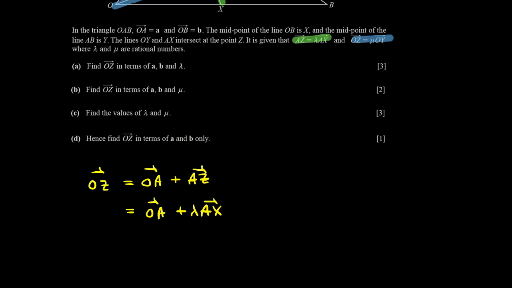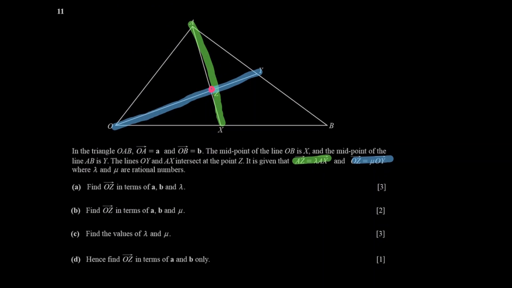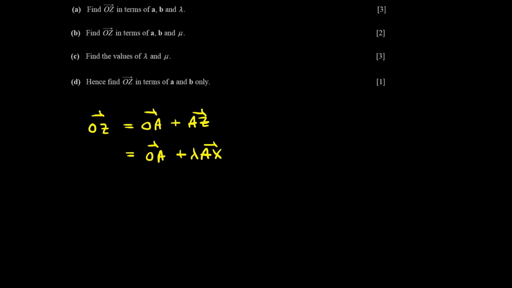So now what we need to do is find the vector AX. Well, what's the vector AX? We can go from A to O, like that, and then O to X. The vector A to O is minus A, because we're going in the opposite direction, and O to X is a half of B. So we can write that down.